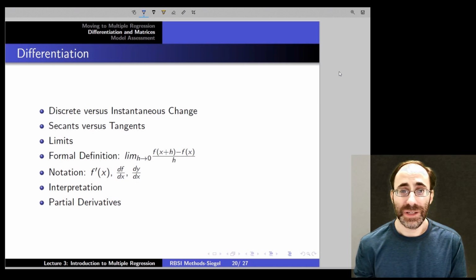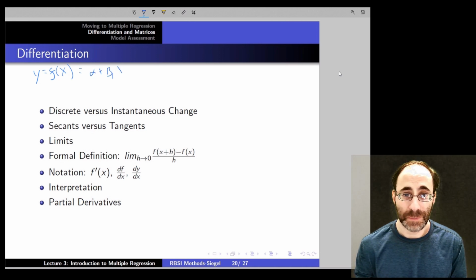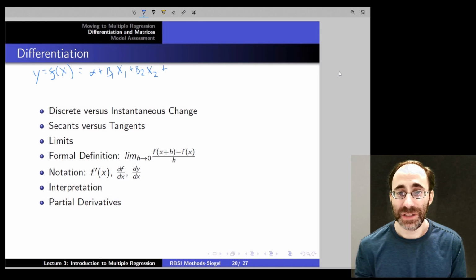So let's say I wanted to have a situation in which the rate of change of y, the dependent variable, with respect to x was a function not only of one variable, x1, and not only of a second variable, x2, but also of the multiplication of x1 and x2.